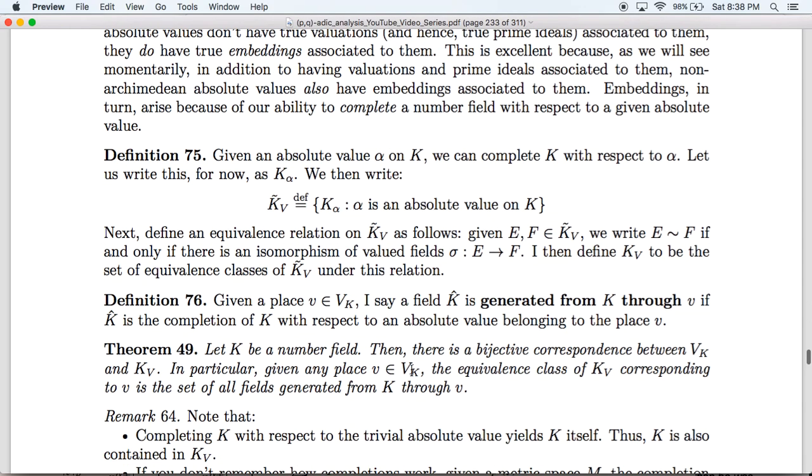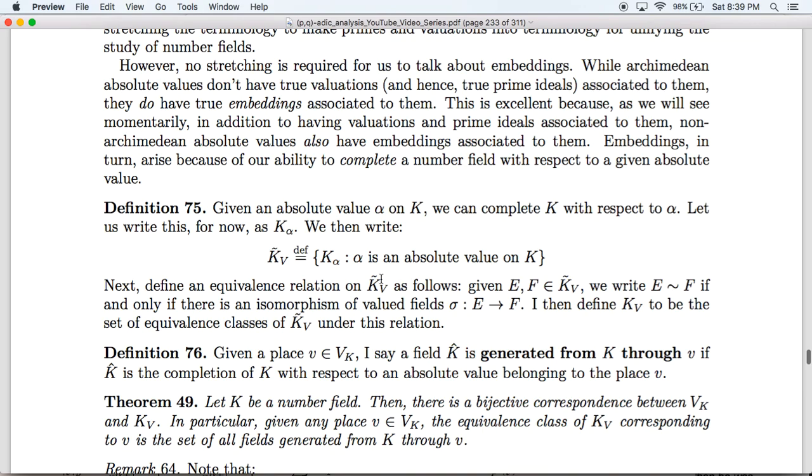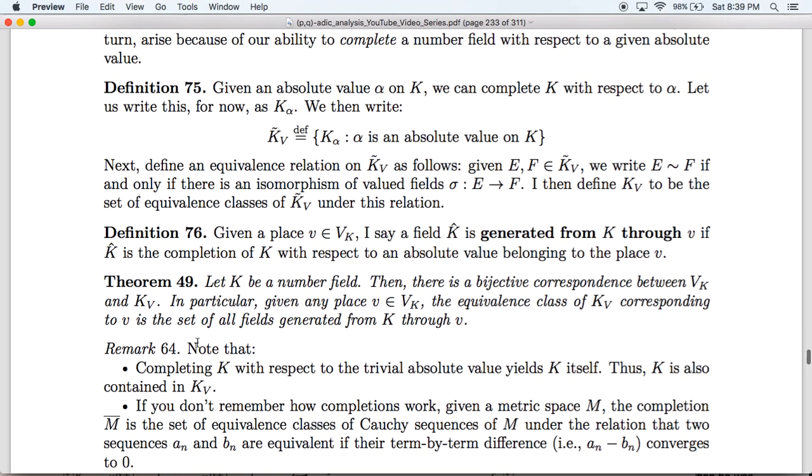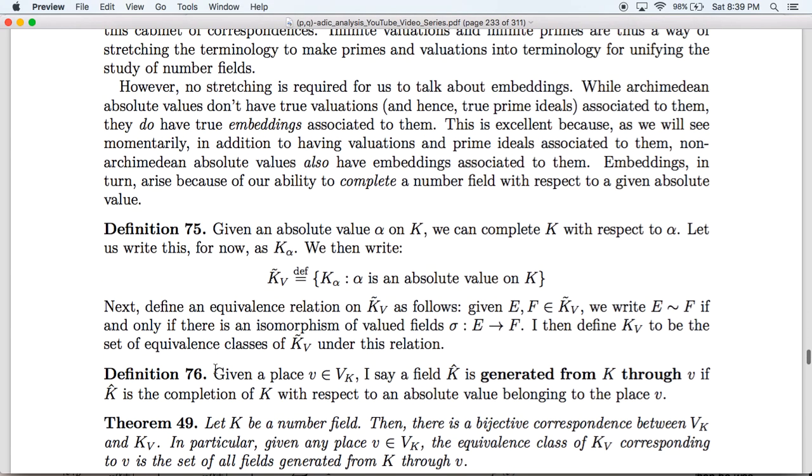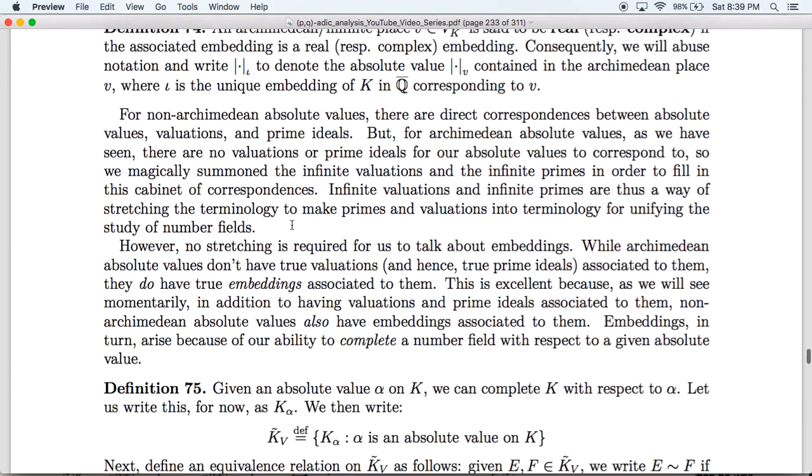There's a direct correspondence between completions and places, and just as the places are equivalent up to isomorphism, so are the completions, and we'll see where this goes.